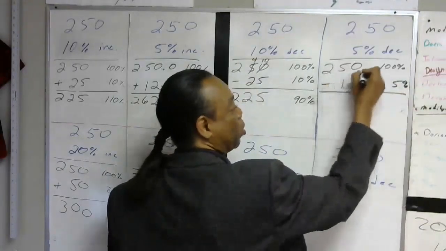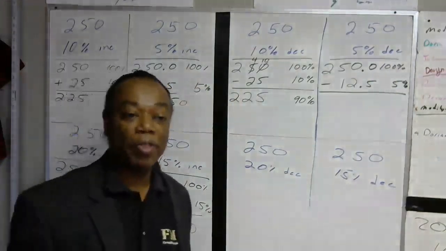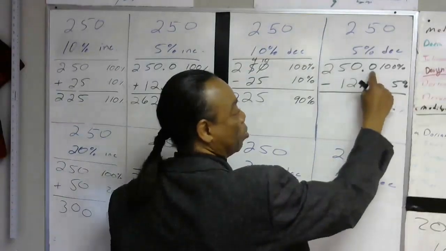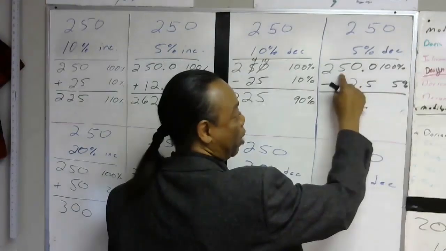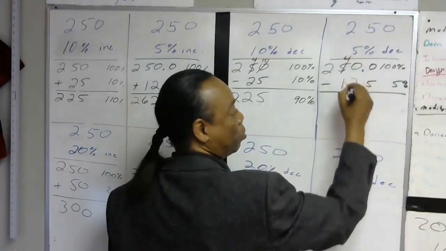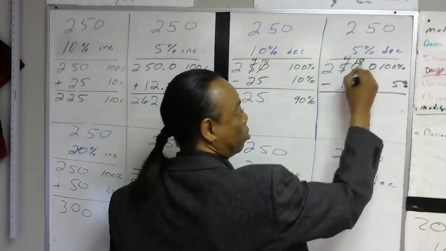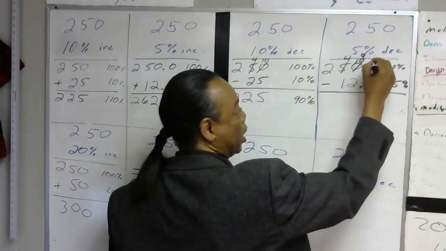Now, to subtract, I'm going to add a decimal and a 0, and I'm going to have to borrow. I cannot take 5 from 0, so I need to borrow from here, but there's no numbers here. So I can borrow from the 5 here. When I borrow from the 5, we'll get a 4. And this becomes 10. I borrow from the 10, this becomes 9, and now this becomes 10.